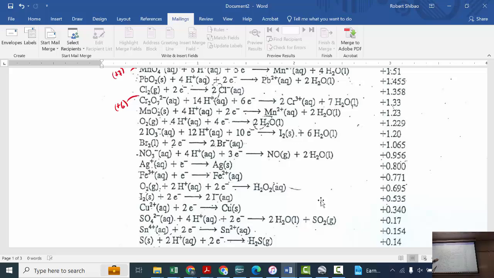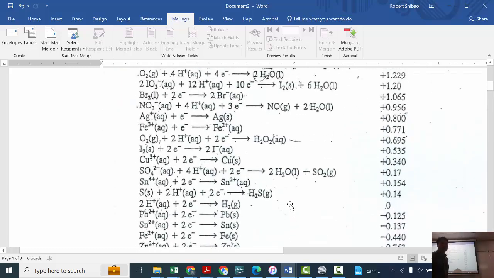We have nitrate here. And we have iron 2. Where's iron 2? Iron 2 down here. But iron 2 is weird because iron 2 occurs in 2 places. Do you see iron 2 here on the oxidizer side? There's also iron 2 here on the reducer side.